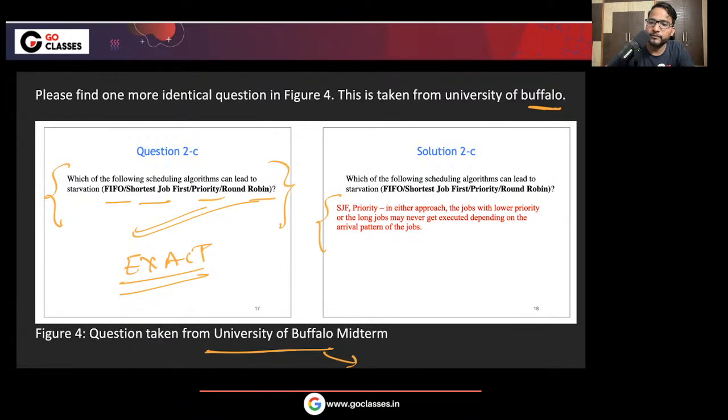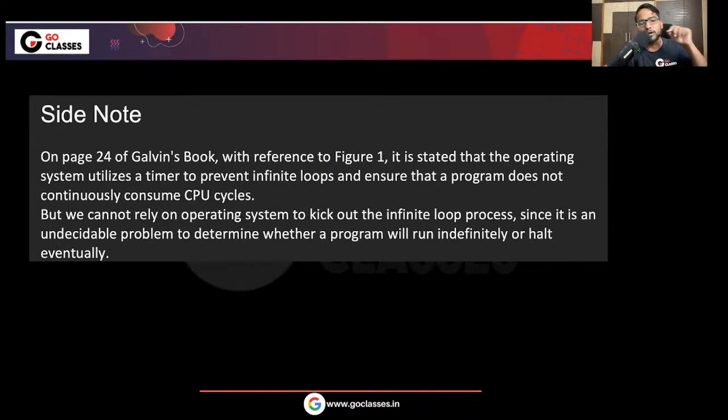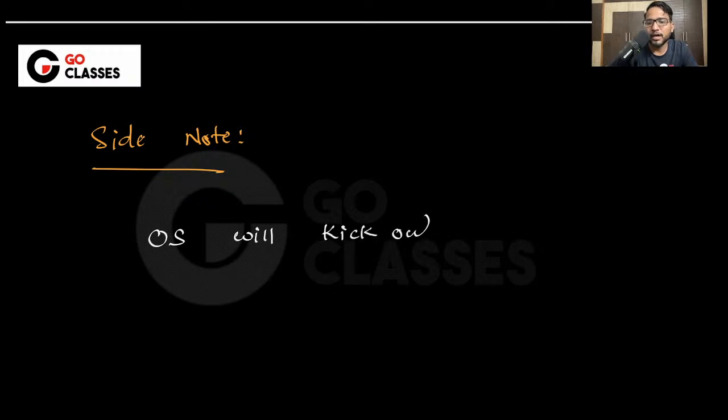Okay, cool. Have you understood? Now let me also talk about some of the things that I have got to know you people are talking about. So as a side note, I am talking about it. See, some people are saying that OS will itself kick it out. Although I have not mentioned this in the draft because I do not need to, as a side note, I am saying that some students are saying that OS will kick out the infinite burst time job process.